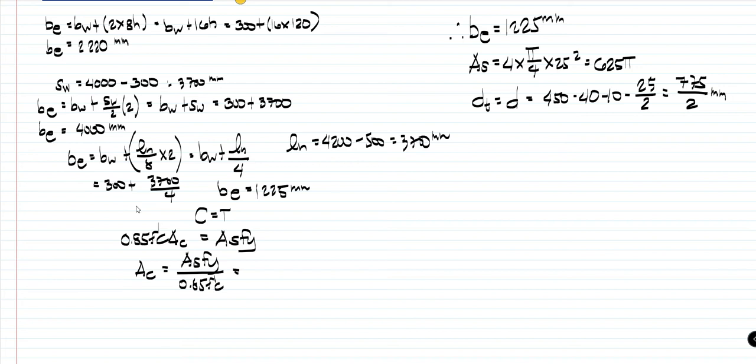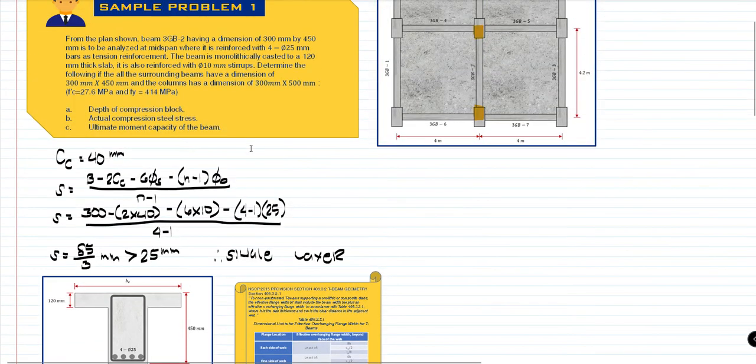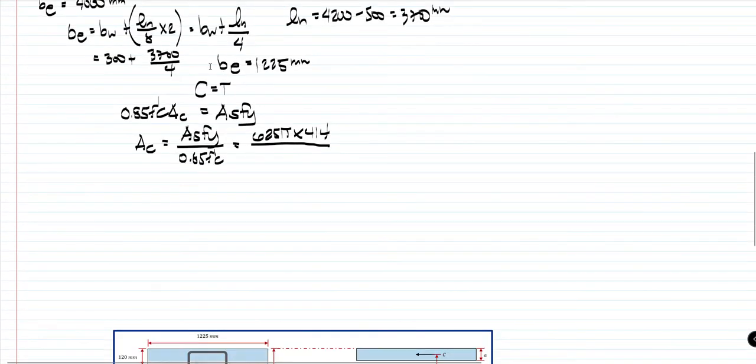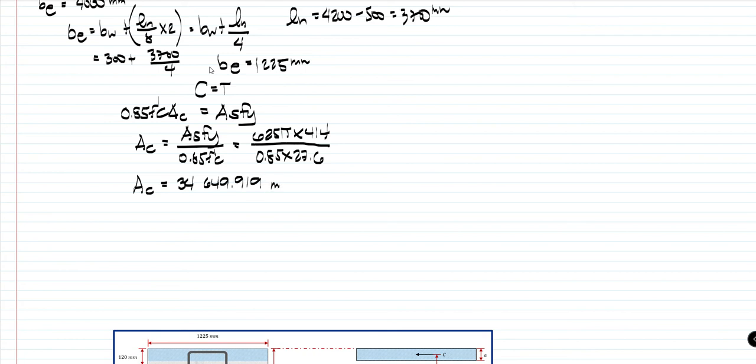So that is AS will be 625 pi times 414 (FY natin) divided by 0.85 times 27.6. So the area of concrete from this particular calculation will be 34,649.919. This is in mm squared.